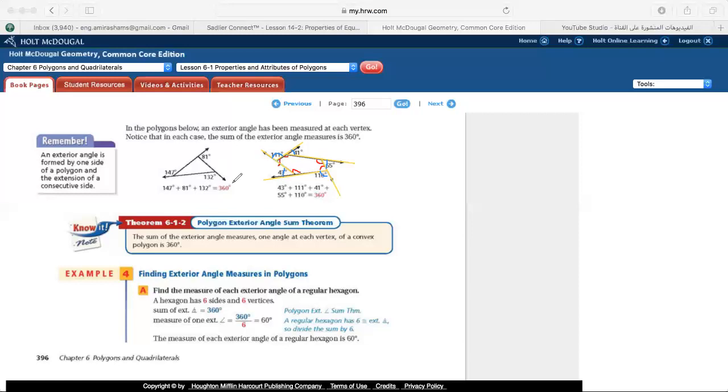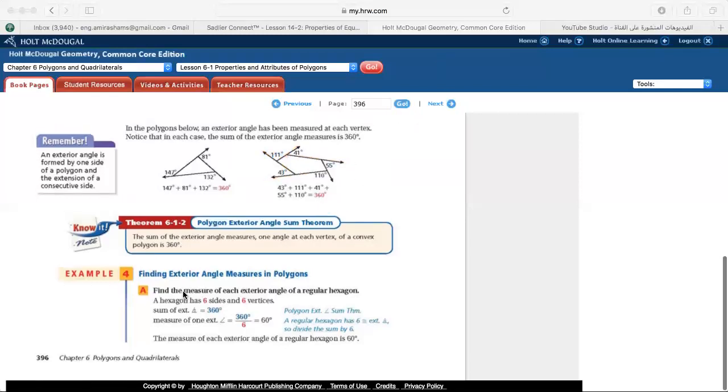Whether it is a triangle, a quadrilateral, or an octagon, whatever it is, the sum of the exterior angles is 360. So the sum of the exterior angle measures, one angle at each vertex of a convex polygon, is 360.